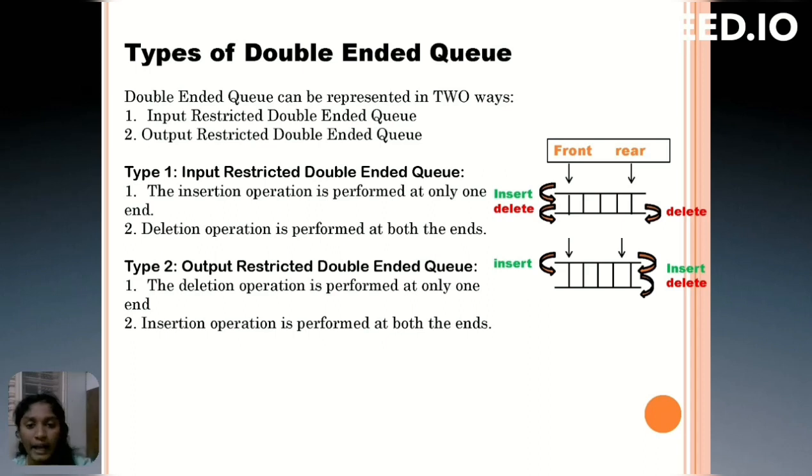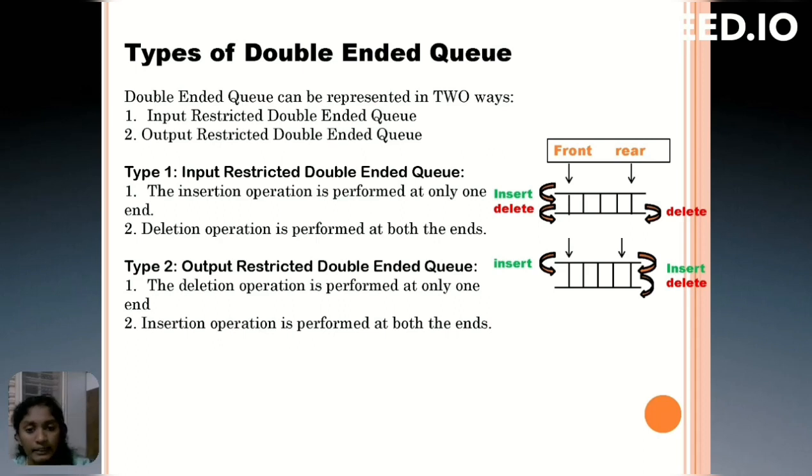First, type 1, input-restricted double-ended queue: the insertion operation is performed at only one end and the delete operation is performed at both the ends. In this diagram, we can see that in the first type insertion happens at only one end, and deletion happens at both ends.